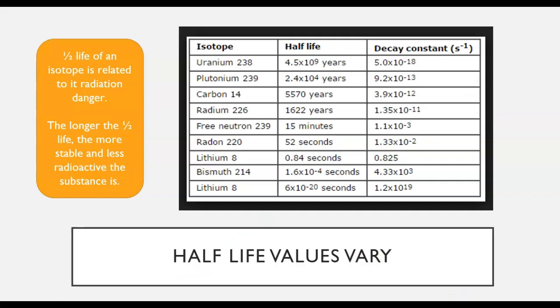Half-life of an isotope is related to its radiation danger. We know some types of radiation and some types of elements are dangerous to us. The longer the half-life, the more stable an atom is and the less radioactive it is over time. But each of these different isotopes have different half-lives.